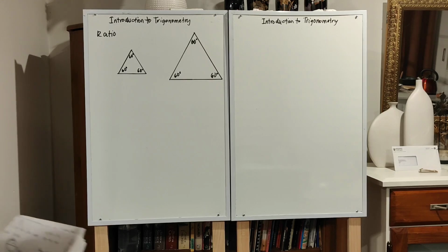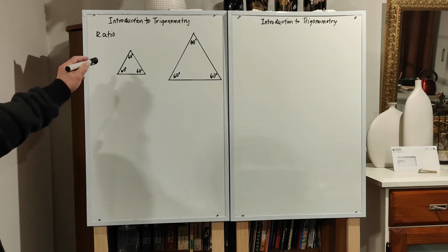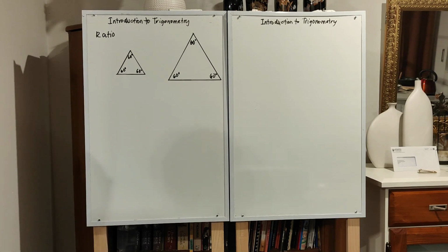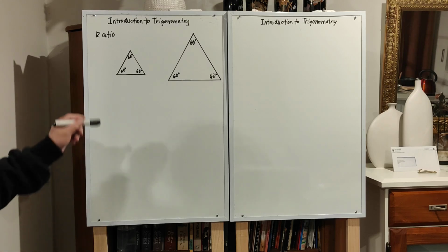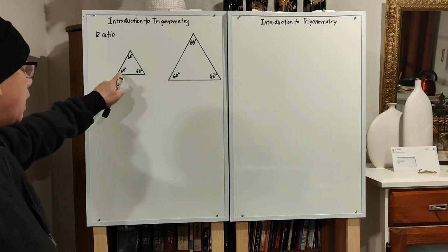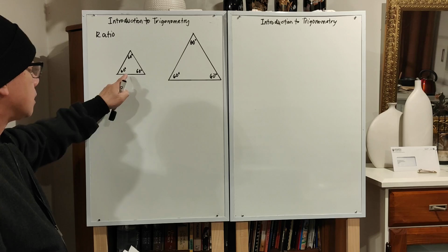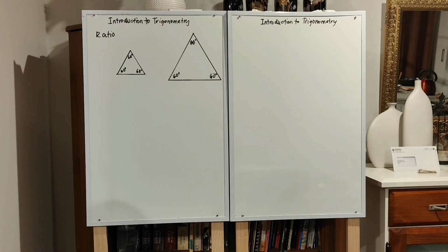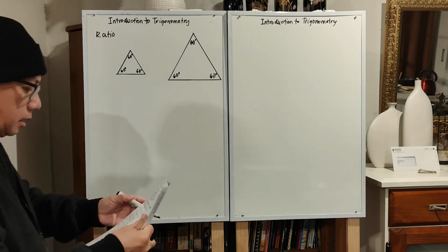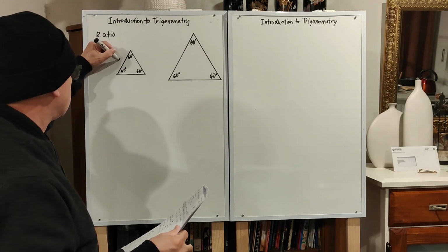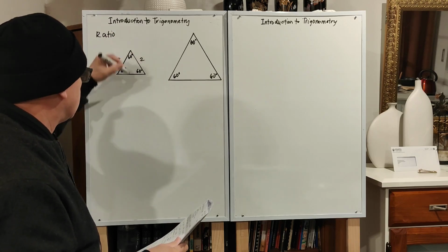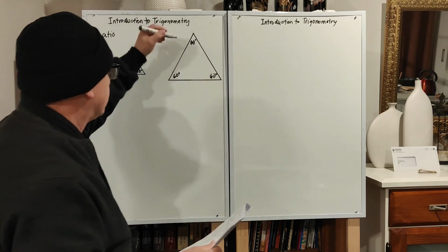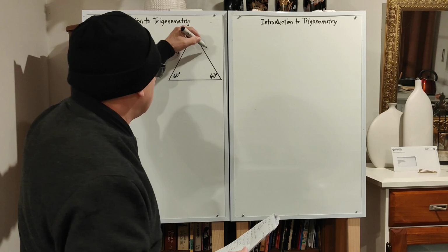Now we go to ratio. Let's say we have two equilateral triangles. The internal angles of an equilateral triangle are all the same, 60 degrees. For example, this has 2 units of length, so they are all the same, equilateral. For example, this is 4 units in length.